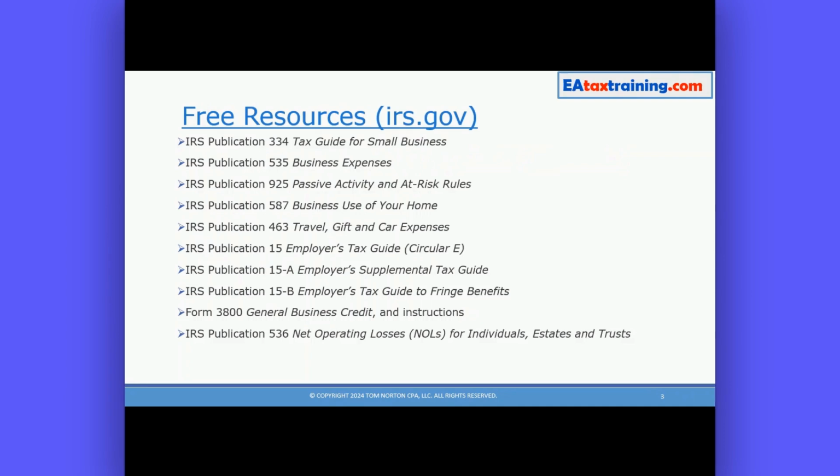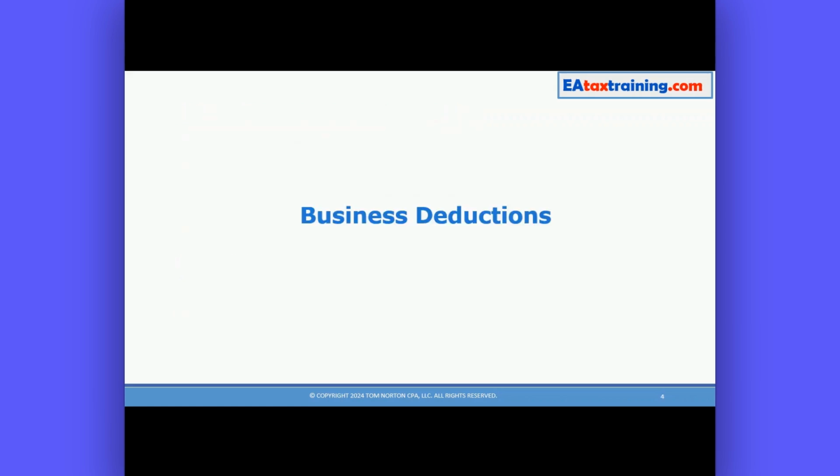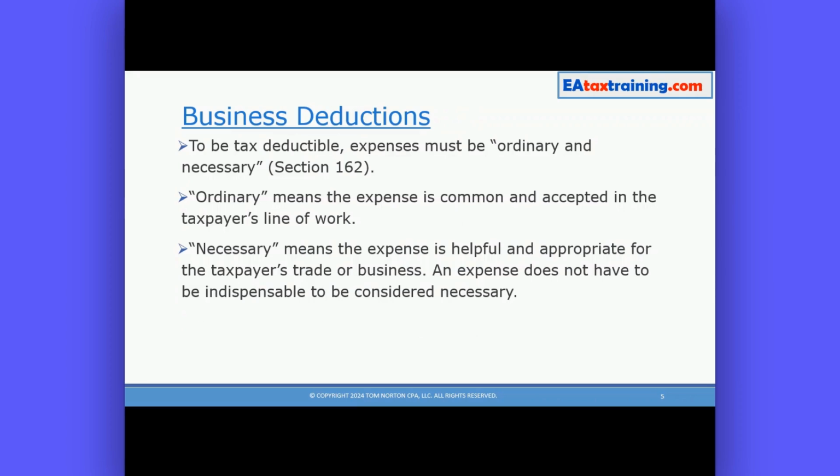And if you're interested in these other ones as well, Travel, Gift, and Car Expenses is probably another one to get into, because the IRS is very concerned about those expenses and it is tested pretty heavily on the EA exam. And the rest of these are great too to get more information about the specifics of those topics.